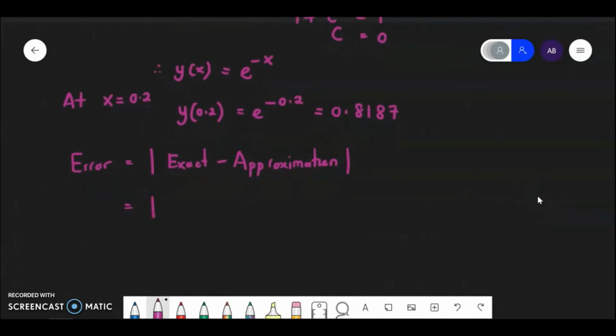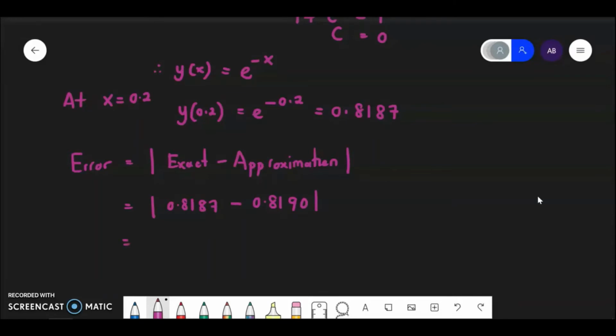So my exact is 0.8187 minus 0.8190. That's why you need the absolute sign, or you can take the big number minus the small number.